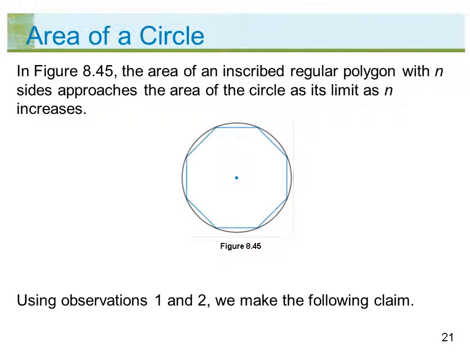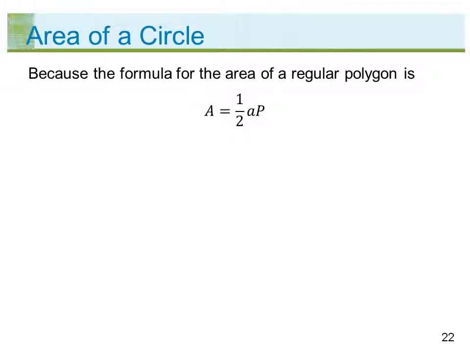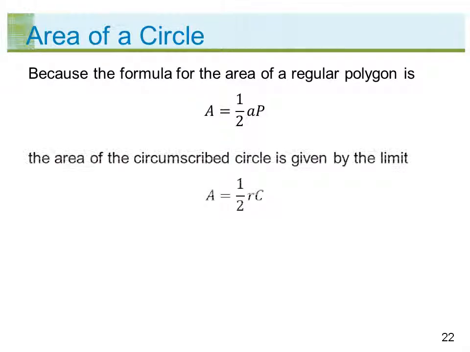Using observations 1 and 2, we make the following claim. Because the formula for the area of a regular polygon is area equals 1/2 the apothem times perimeter, the area of the circumscribed circle is given by the limit area equals 1/2 radius times circumference.